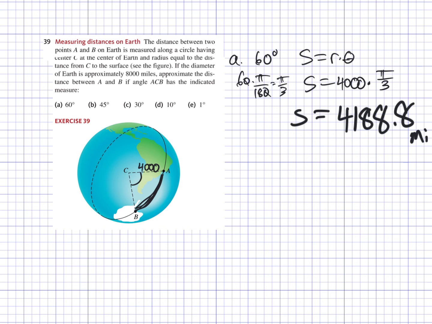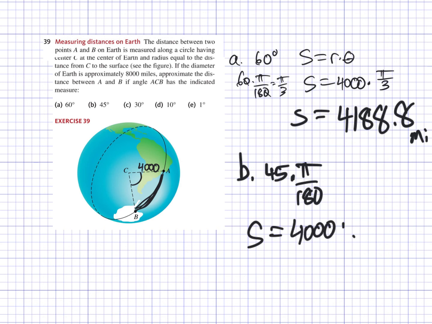All right, so part B is 45 degrees. So first, got to put it in radians. You don't have to simplify it. 45 times pi, and then you divide by 180, and that'll give you the radian measurement. So the arc length is 4,000, again, your radius, times 0.7854.